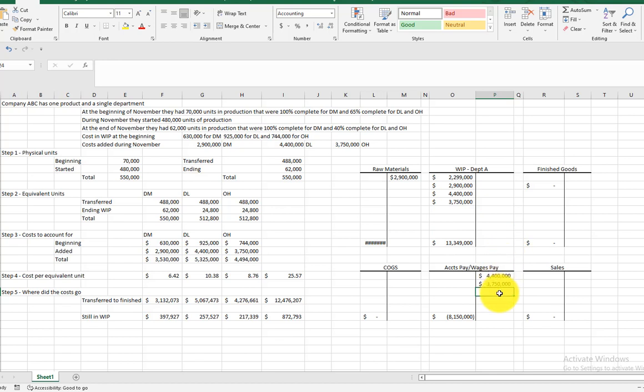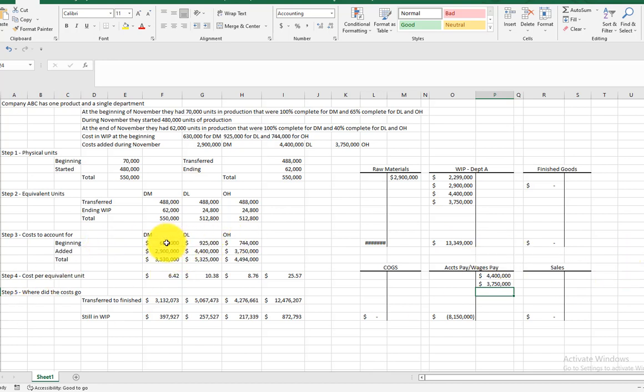Okay, so that's kind of how we would do it. There's the other side of those entries. Of course, the beginning balance carries over from last year, so we don't have an offsetting entry. But that's how our journal entry looks. So our work in process, if we didn't get anything done, we'd still have $13 million in our work in process.